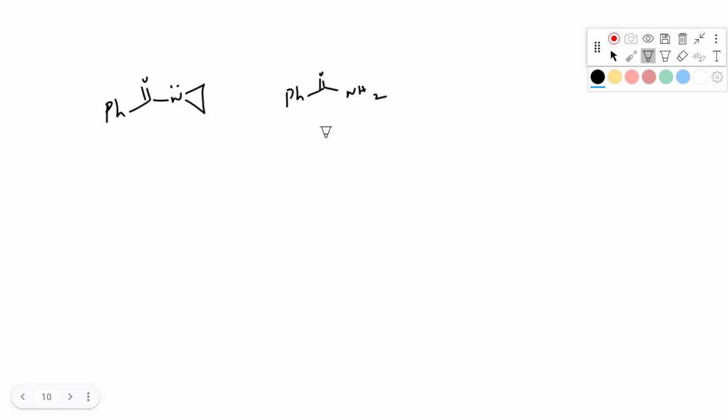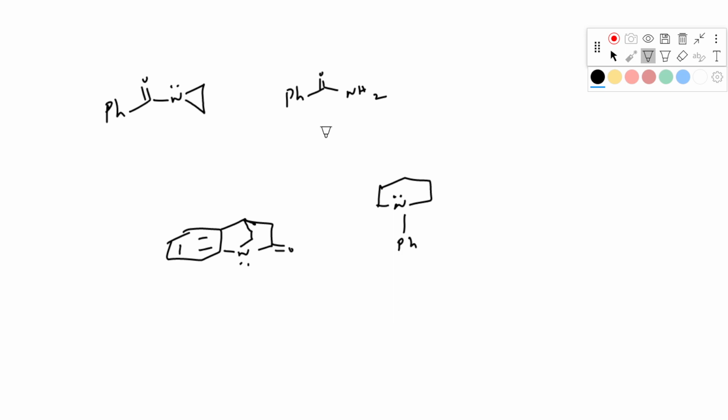Third option is this: nitrogen is here, lone pair, and here there is a ring like this, double bond O, and here N. Fourth option is this: pH is here, here there is a lone pair, here double bond O. Now the first option is the rate of alkaline hydrolysis of B is faster than that of A. Whether it is the correct option or not, you have to say.